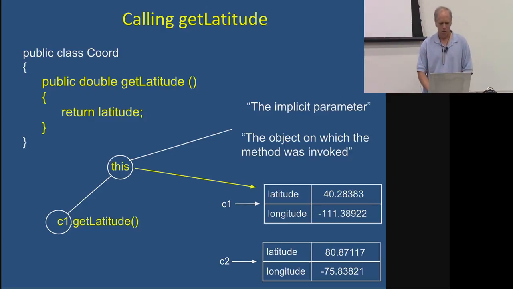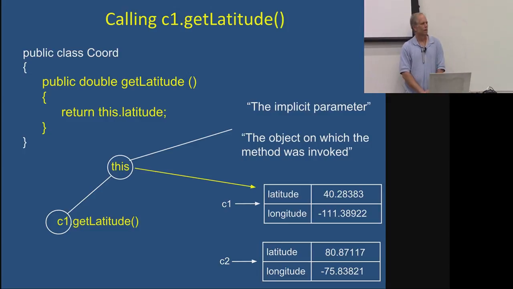Okay? So, in fact, that up there, return latitude, is actually an abbreviation for something more complex. That's the full form. So you could write it that way. You could say return this dot latitude. And then it's clear that when we're talking about latitude, we're talking about the latitude field of this object.